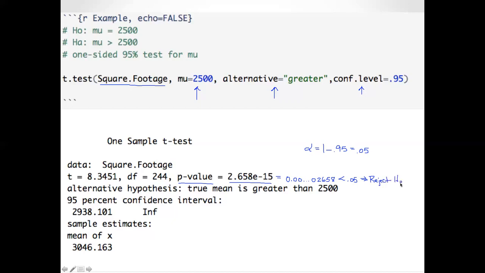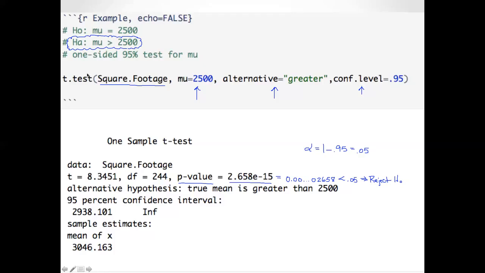Since we have rejected the null hypothesis in this case, then we are finding that the alternative hypothesis is plausible. In other words, the average square footage for homes in the area is greater than 2,500 square feet.